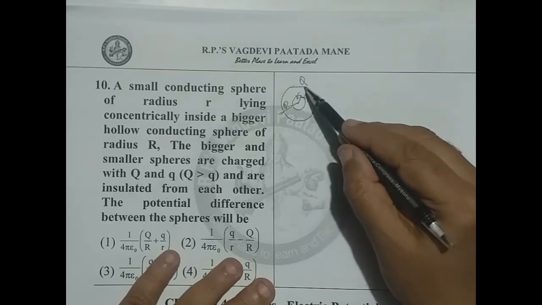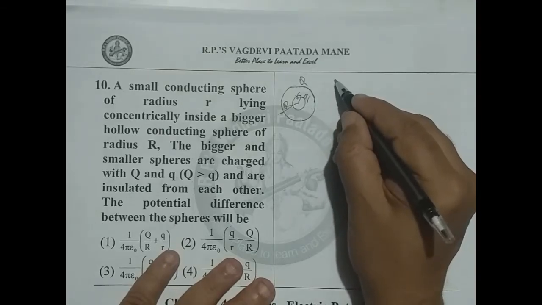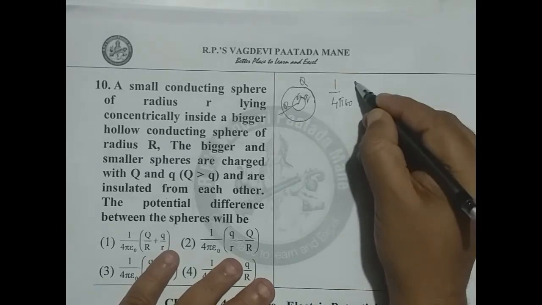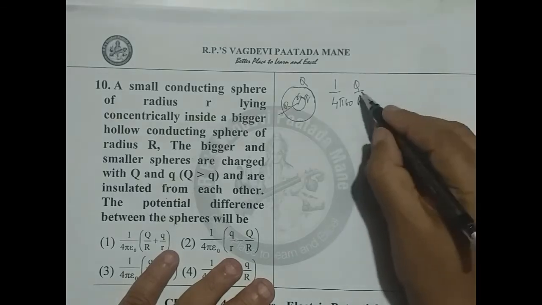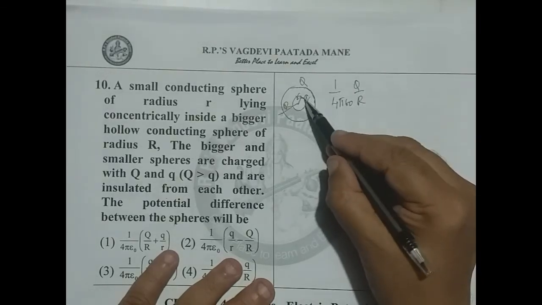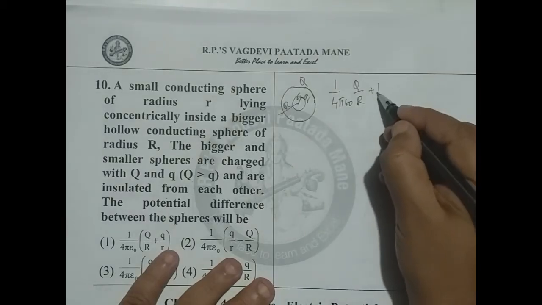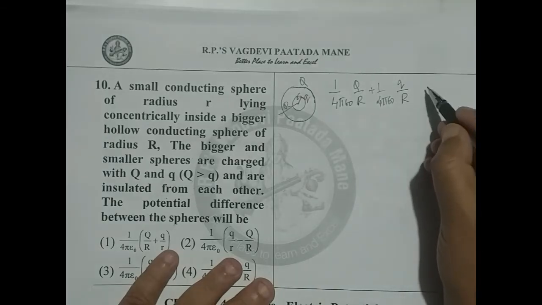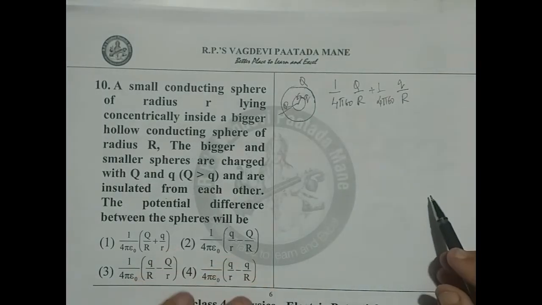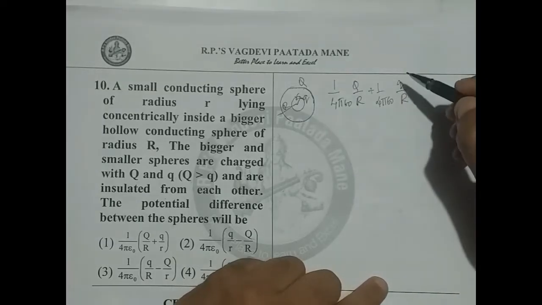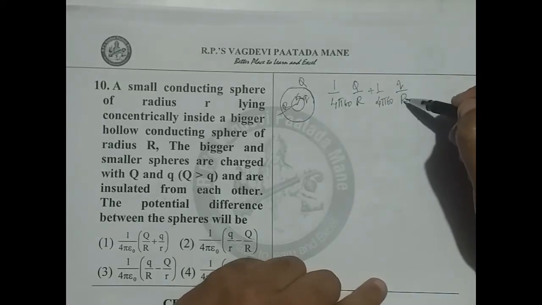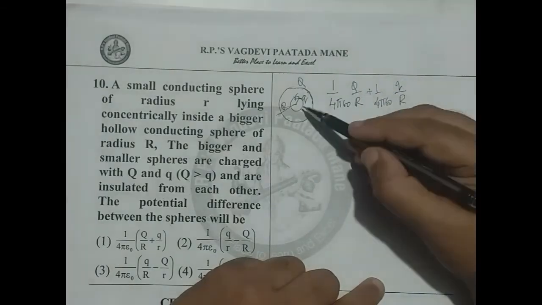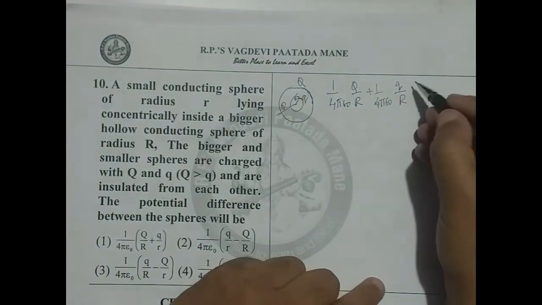And observe, the potential due to its own charge on the surface is given by 1 by 4 pi epsilon naught Q by R. And potential due to inner sphere is given by 1 by 4 pi epsilon naught q by R. Because potential due to a sphere is nothing but 1 by 4 pi epsilon naught charge divided by distance from the center. For any point on the bigger sphere, from the inner sphere distance is capital R.